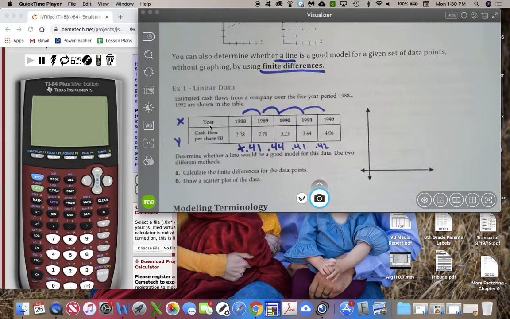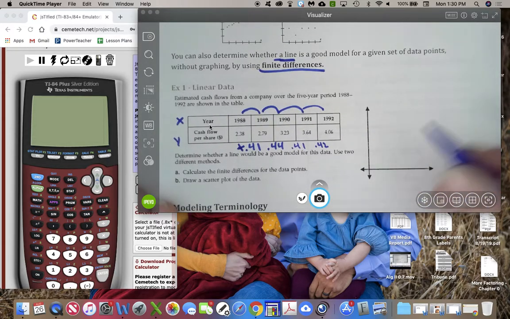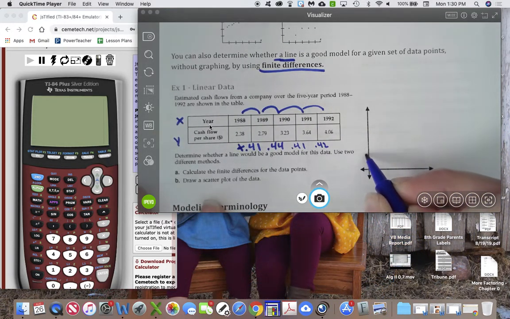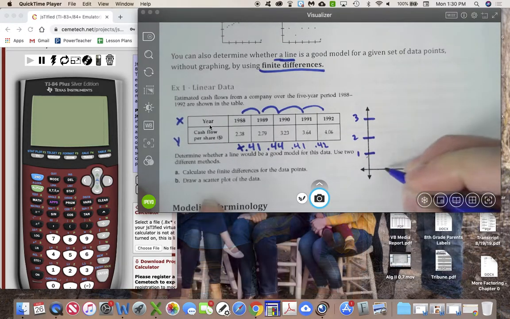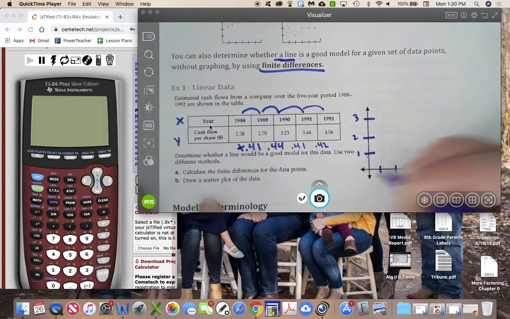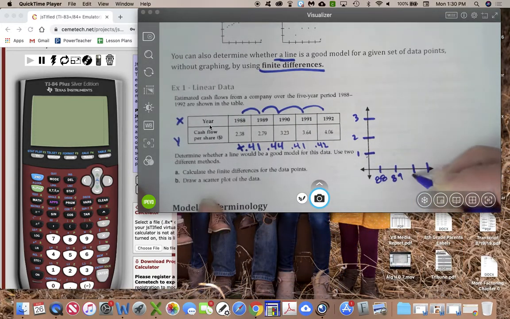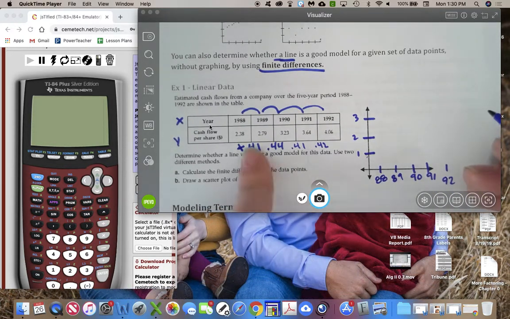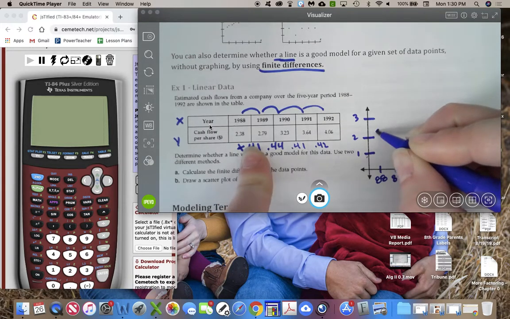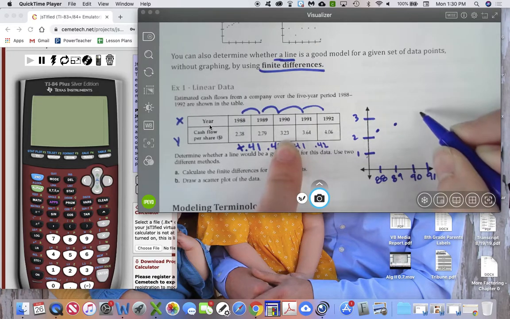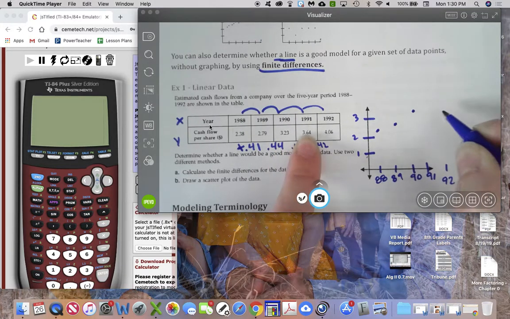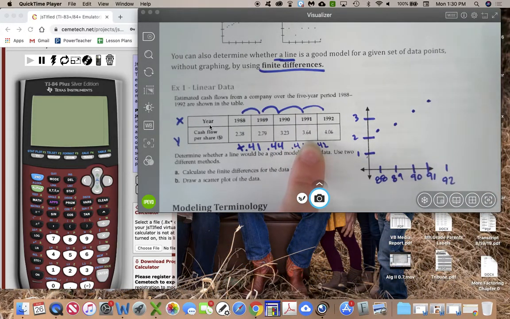All right, and then if I go ahead and plot these points, I'm going to do 1, 2, 3. 1, 2, 3, and these are going to be my years. 88, 89, 90, 91, oh, I need another one, 92. Okay, so 2.38, right about there. 2.79, right about there. 3.23, right about there. 3.64-ish, and 4.